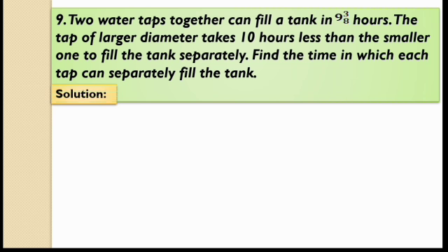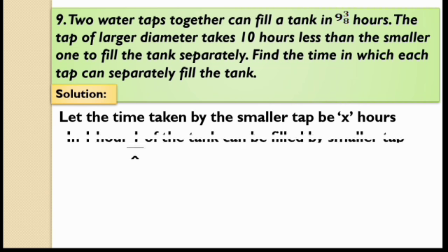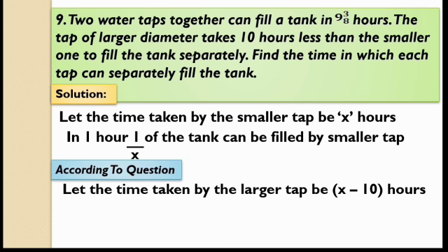So first we will suppose, let the time taken by the smaller tap be x hours. So in 1 hour, 1 upon x of the tank can be filled by the smaller tap. And according to the question, the time taken by the larger tap will be x minus 10 hours, because it is given that it takes 10 hours less.